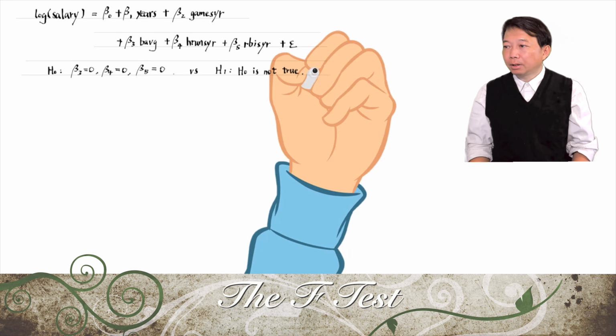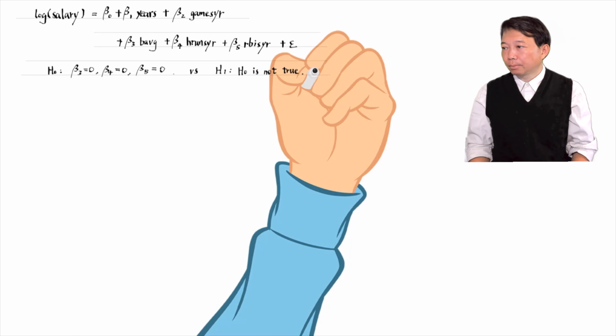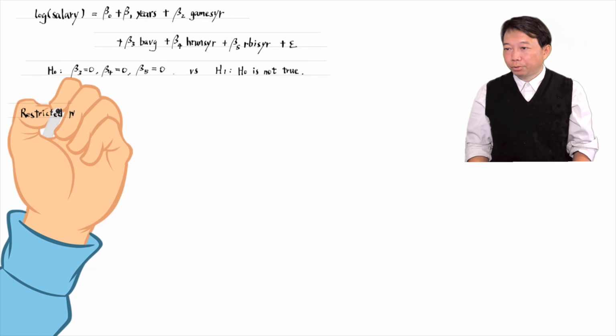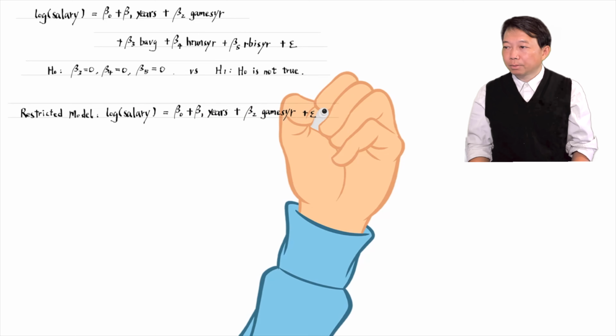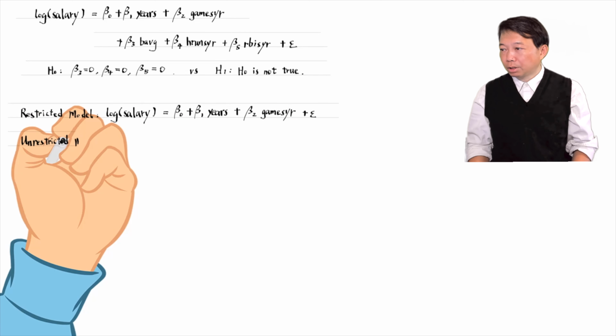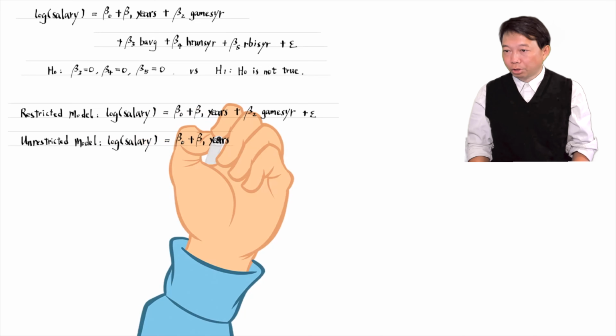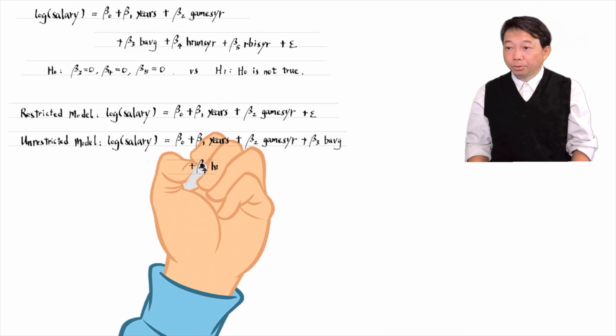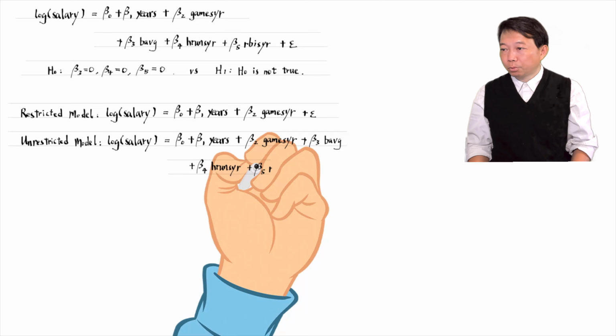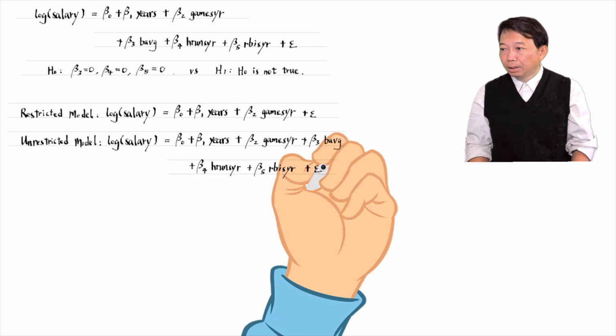The F-test concerns two models: the restricted model and the unrestricted model. The restricted model is the model in which the restriction is imposed. The unrestricted model is the model without the restriction. The restriction is that the three coefficients of the performance variables are 0 in our case.